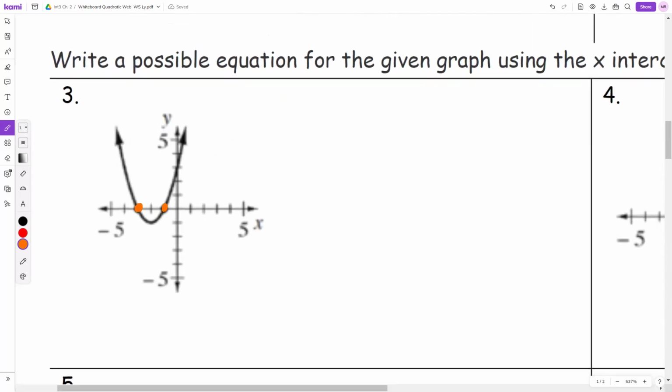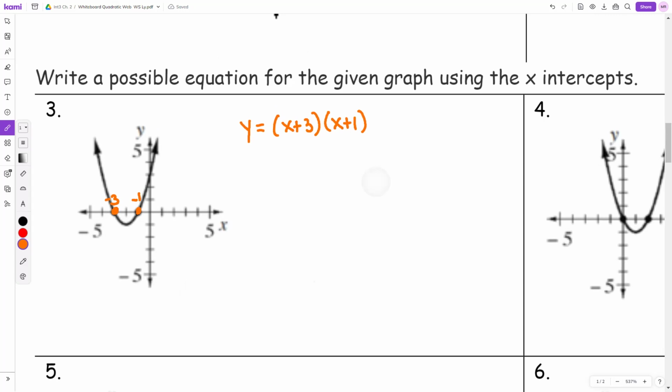So if I have an x-intercept here at -1, and I have an x-intercept here at -3, I ended up getting my -3 from the factor x plus 3. I ended up getting my -1 as an x-intercept from the factor x plus 1. So that is one way you could write this.